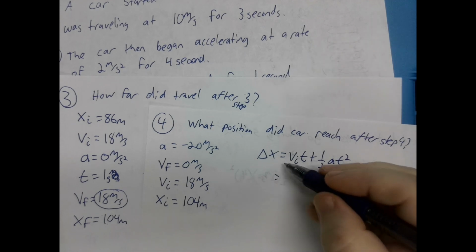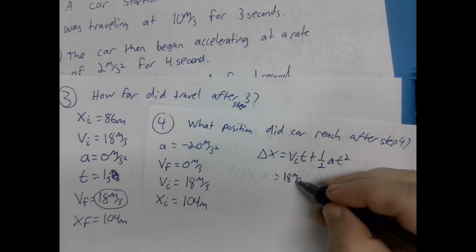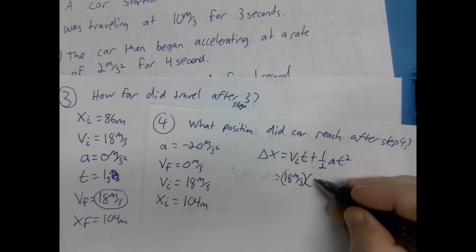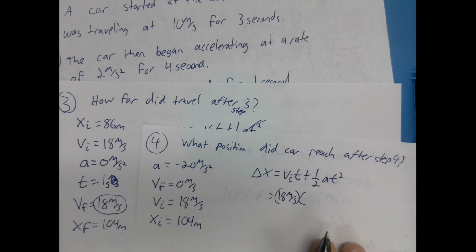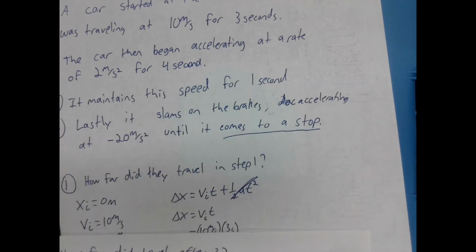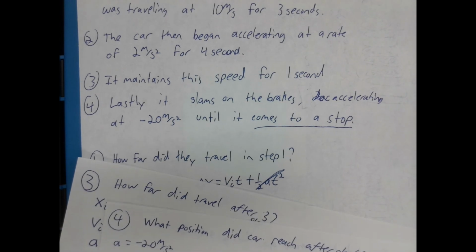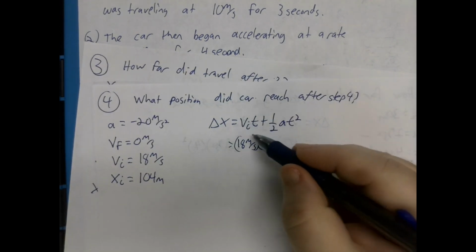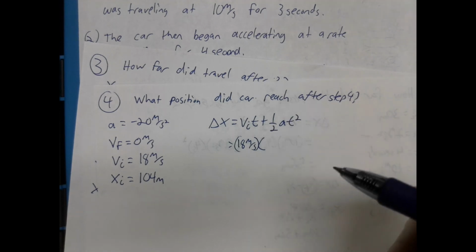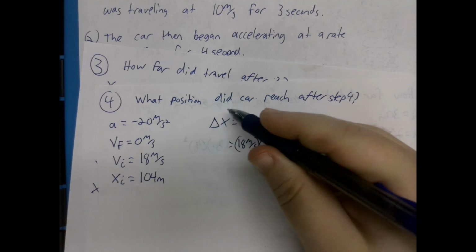We plug this in. Vi was 18 meters per second. Our time is... Oh, we're not given a time. So can we use this equation? We can't use this equation.